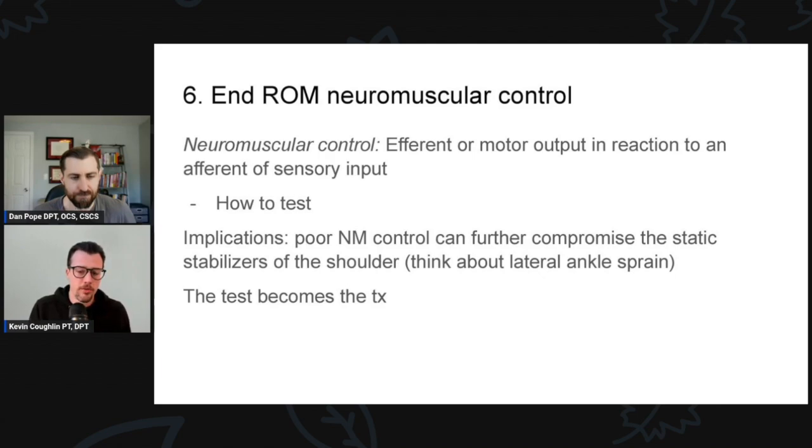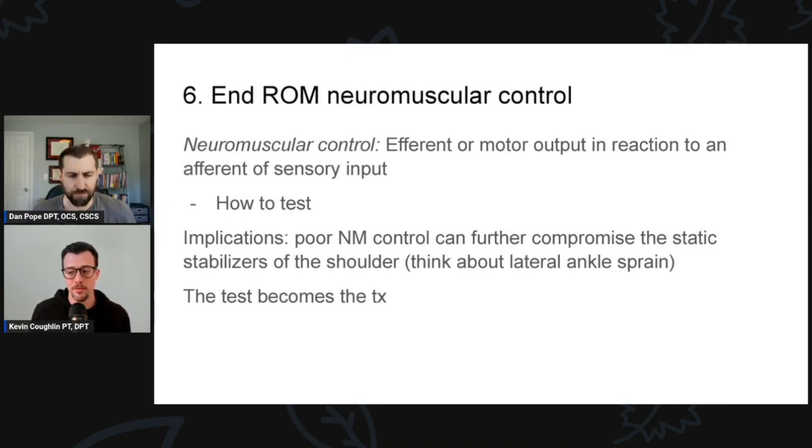Some ways we'll test this: a little bit of joint positioning. I'll put their arm up at a certain degree of motion, whether a little flexion or in the scapular plane, and have them put their arm back in that same spot. How accurately can they do that with their eyes closed? Because then we're taking the visual system out and focusing more on proprioception.